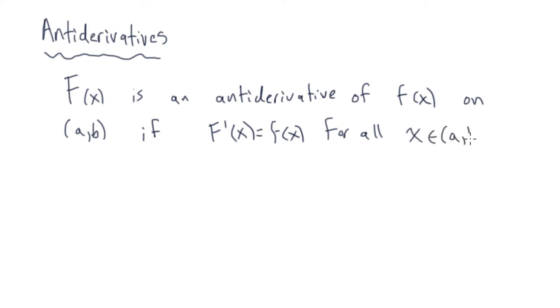So of course, we require that this capital F, this antiderivative, be a differentiable function. And so its derivative at each point over an open interval is just f of x.